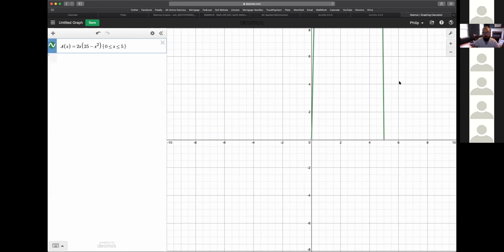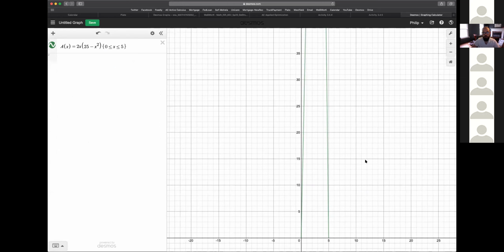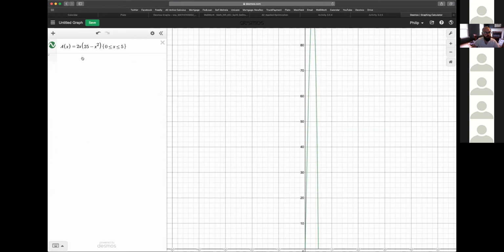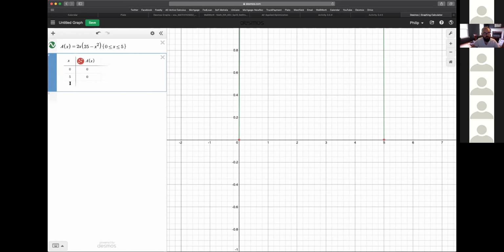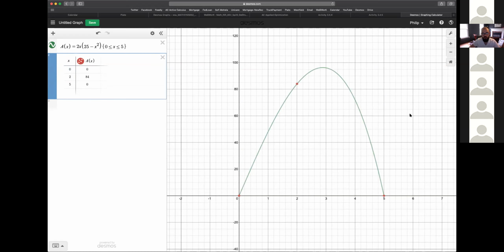So let's change our viewing window here. We could do the same trick and get a nice window relatively quickly by using our zoom fit feature. So I want to pick something else in there. And here's our equation. We don't need this table anymore.